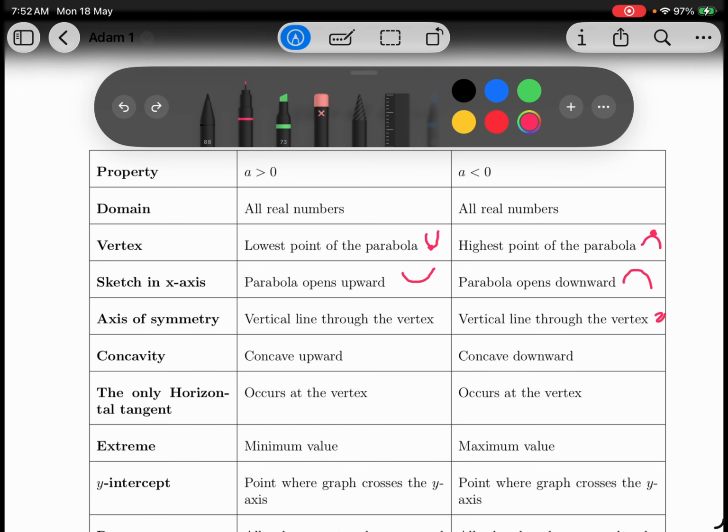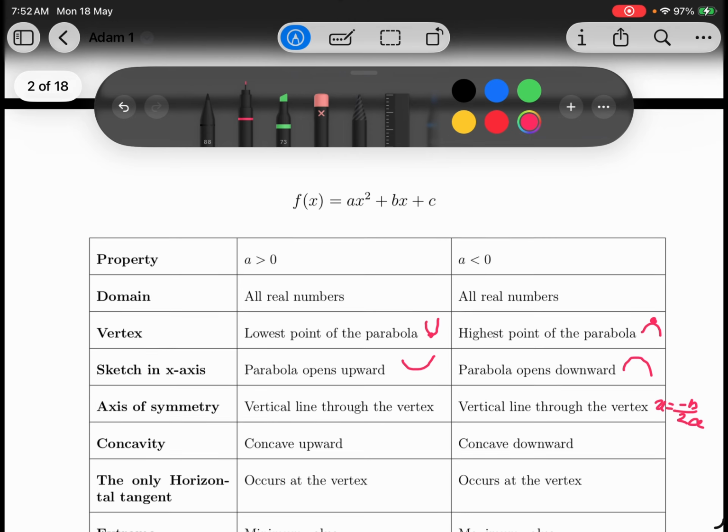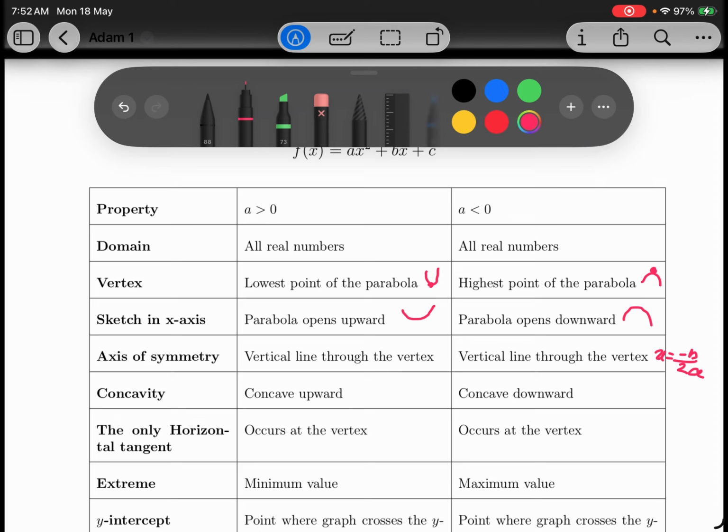I will write it here: x equals minus b over 2a. And we know that any vertical line in the xy plane is written as x equals, not y equals, because y equals represents horizontal lines. So the axis of symmetry is x equals minus b over 2a.